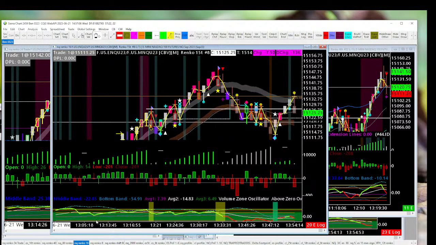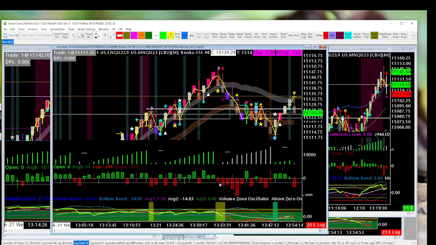What it's showing us, the way I understand it anyway, is that it's basically a power indicator, because when you have volume coming in, like contracts being bought, either on an uptick or at the same price as the previous trade, but the one before that resulted in an uptick.